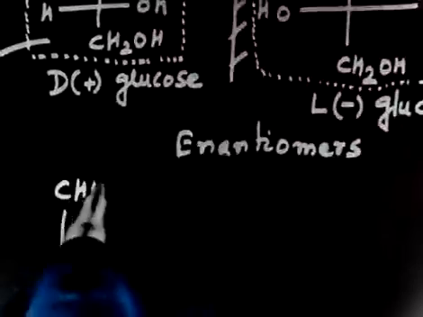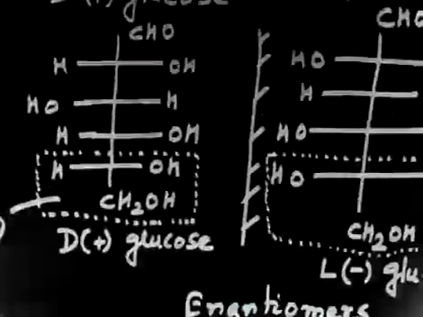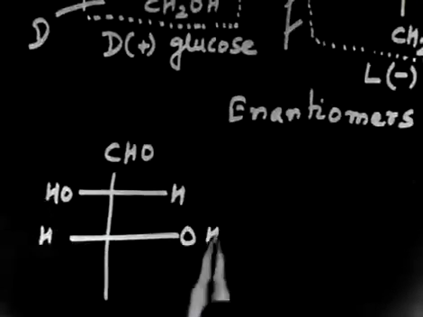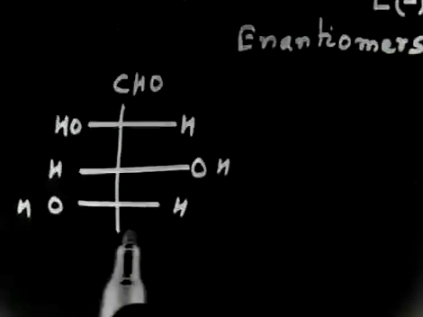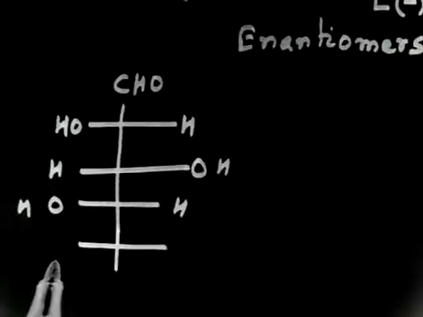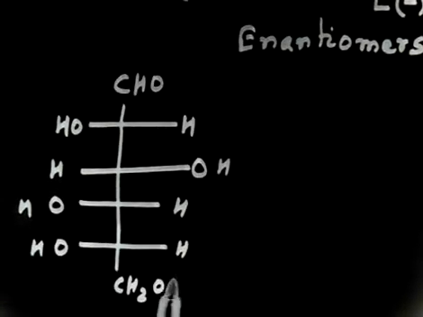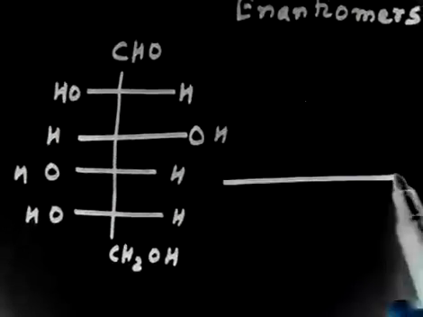So here I have OH, and the same thing I am copying: OH, H, and then H, OH, H, and CH2OH. If this compound is treated with Tollens reagent, what will be the product?